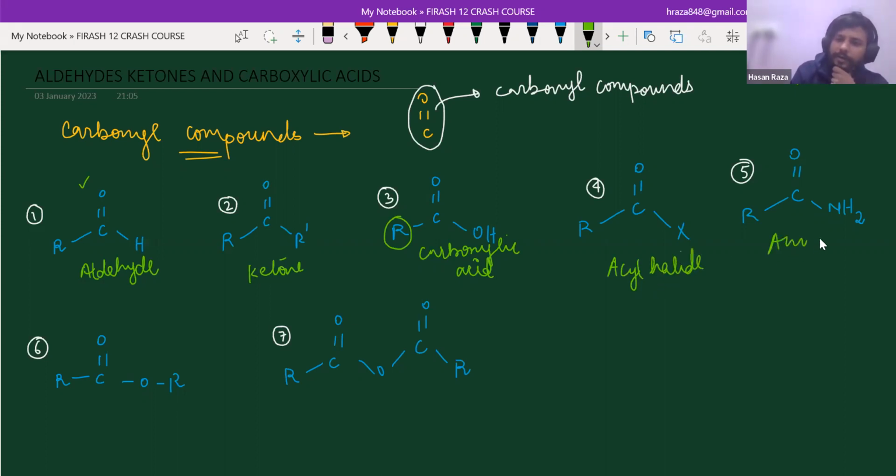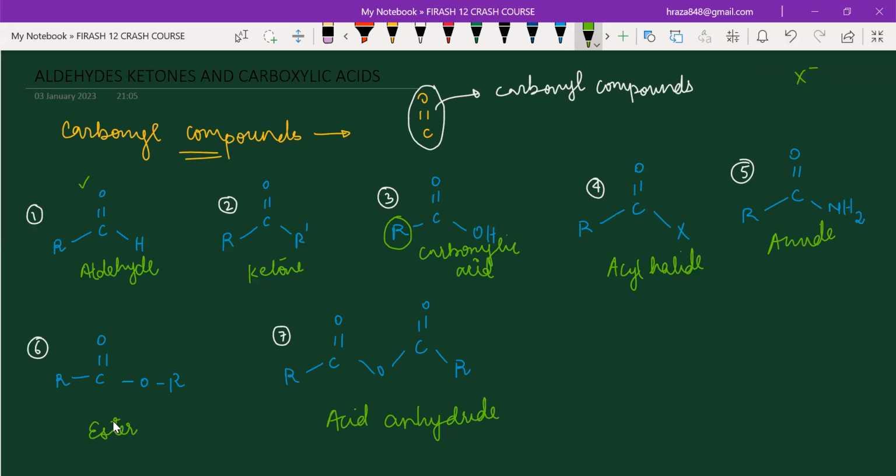This is your amide. This is your acetic anhydride. This is what? Anhydride or acid anhydride. This is your ester. Is that clear, Firaz?